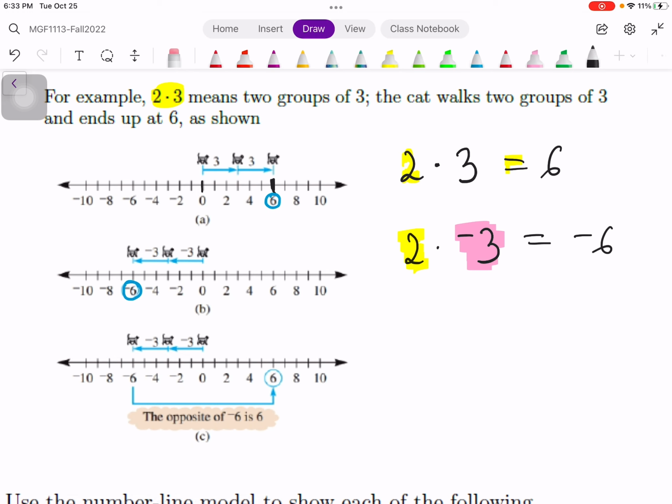Okay, but that's when one number is positive. But what if both numbers are negative? So you cannot place any positive number up front. Both numbers are negative. So how to interpret that? Well, for that, you do 2 times -3 first, because you're thinking of this as being the opposite of 2 times -3.